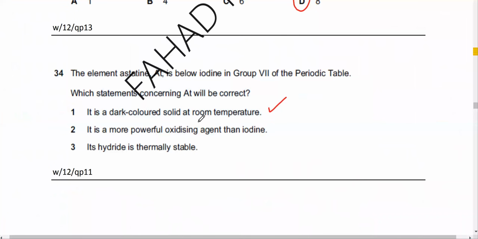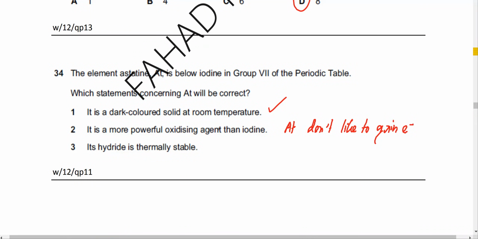The next one: it is a more powerful oxidizing agent than iodine. Is this statement true or false? Astatine is a bigger atom than iodine. Bigger atoms don't like to gain electrons. They are too shielded.